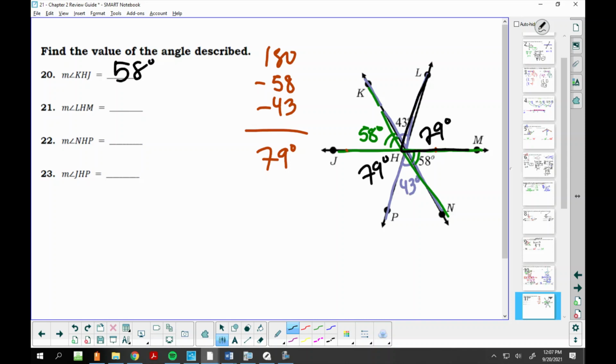LHM is 79 degrees. NHP is 43 degrees. And JHP is 79 degrees.